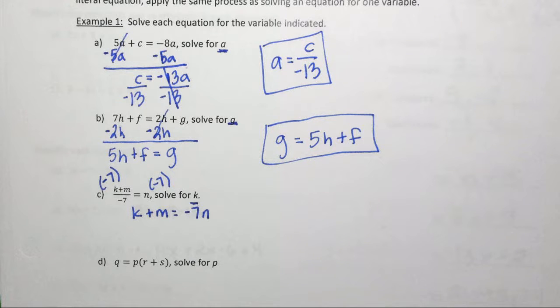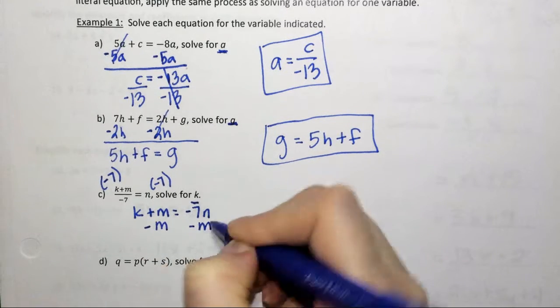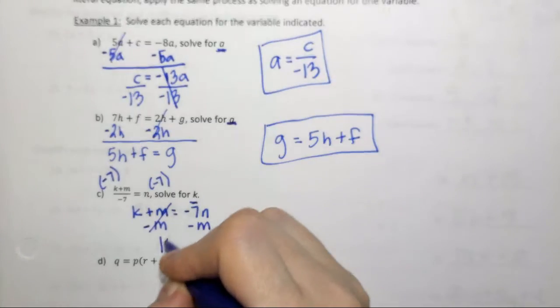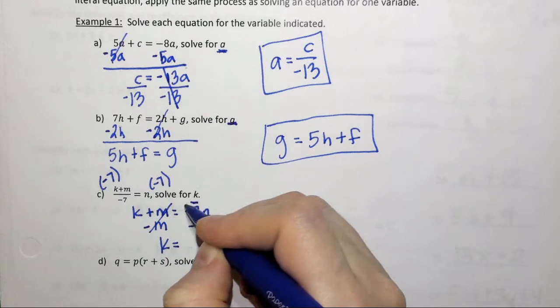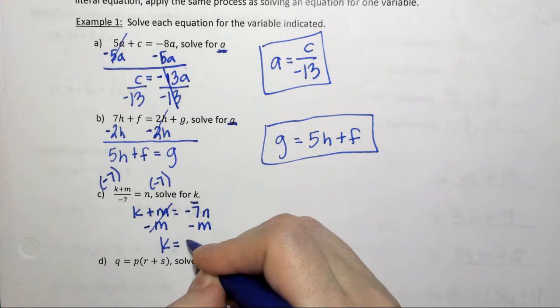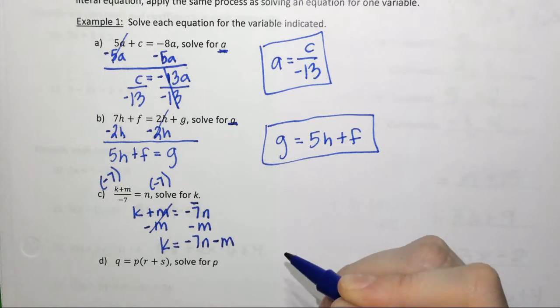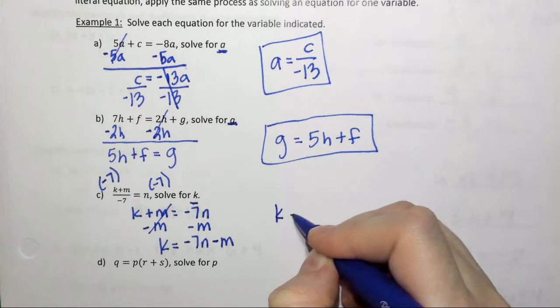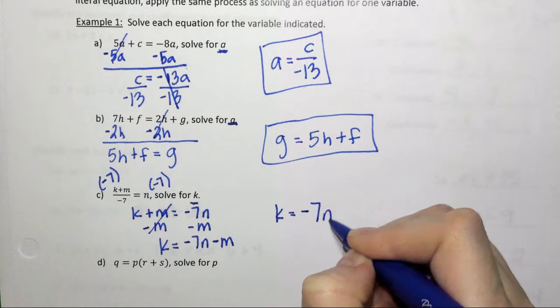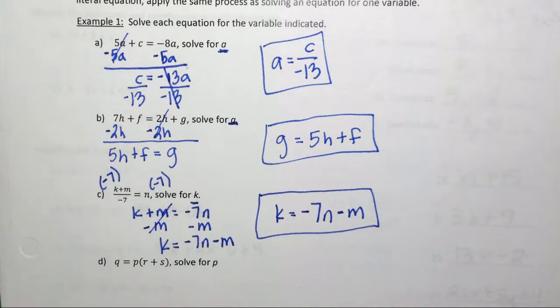I need to move the m. I move that by doing what? Subtracting. Minus m, minus m. So k is equal to, you can just write exactly what you see here, because these are not like terms. I'm going to write negative 7n minus m. They're different variables, so you can't put them together.